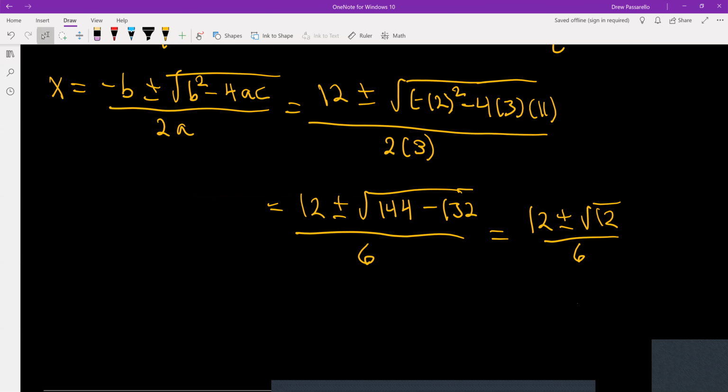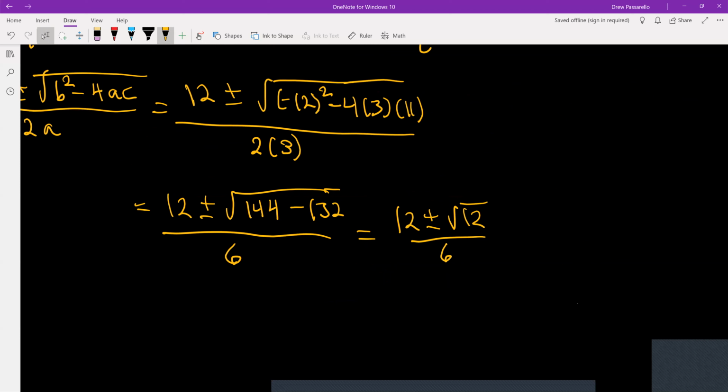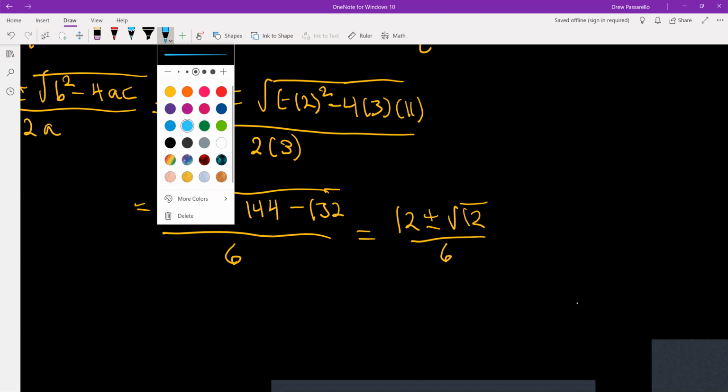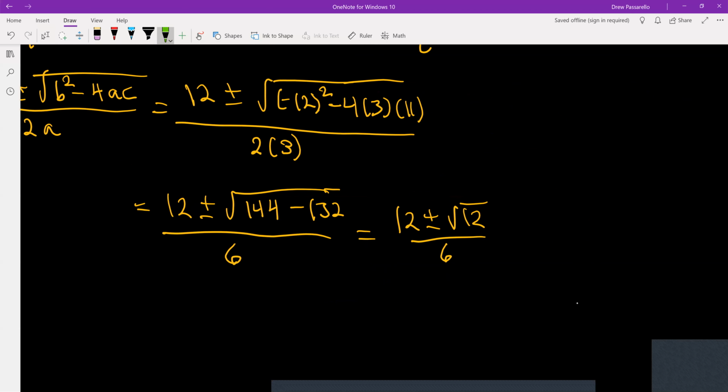And you can simplify the square root of 12. Recall from algebra class, the square root of 12 is the same thing as the square root of 4 times 3. Well, the square root of 4 is 2, so this is 2 square root of 3.